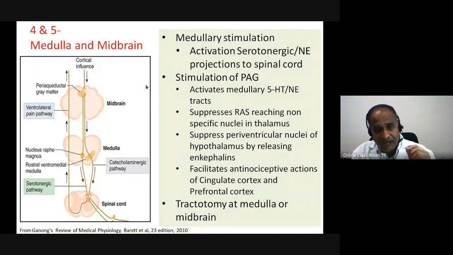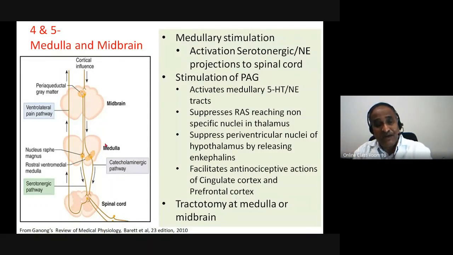But the main problem is to introduce an electrode into the raphe nucleus in the medulla, because the medulla is a part where all the vital centers are located. So this proposal is very, very difficult to achieve, and anything happening may alter the activity of the respiratory centers or the cardiovascular centers.